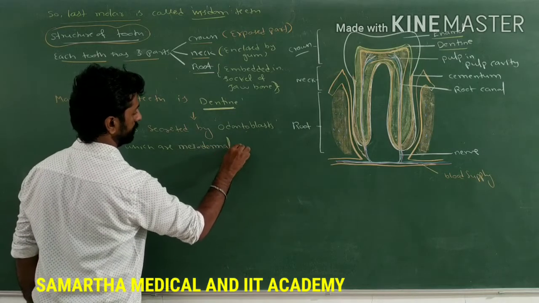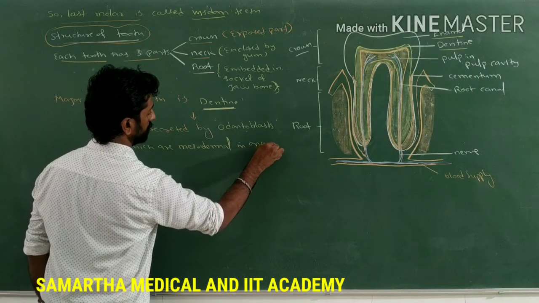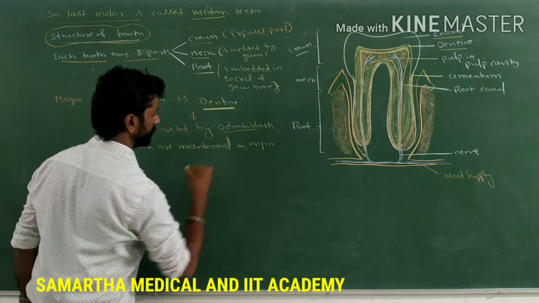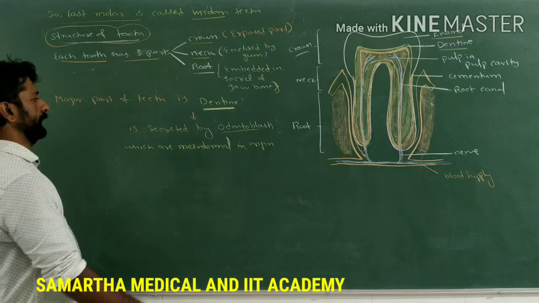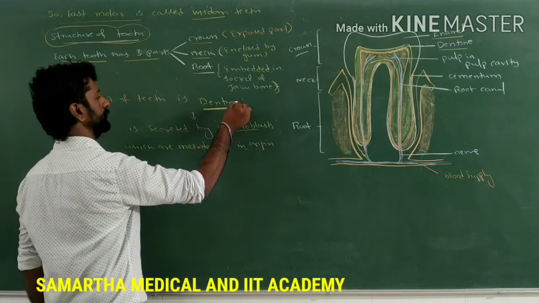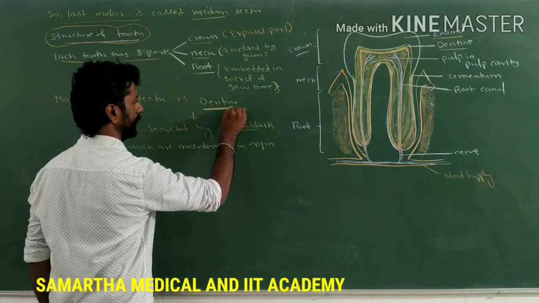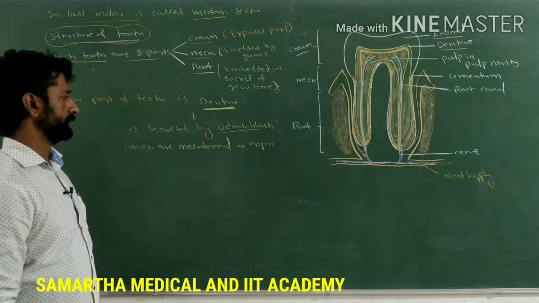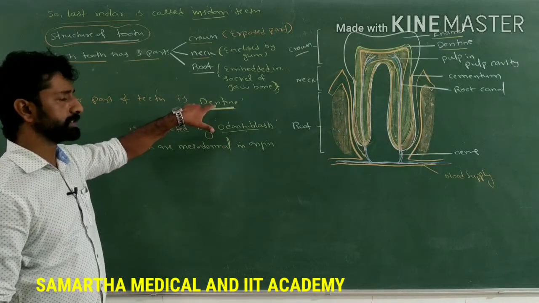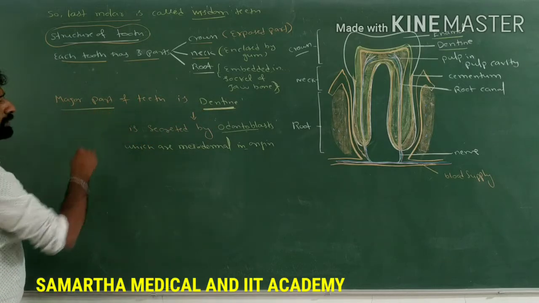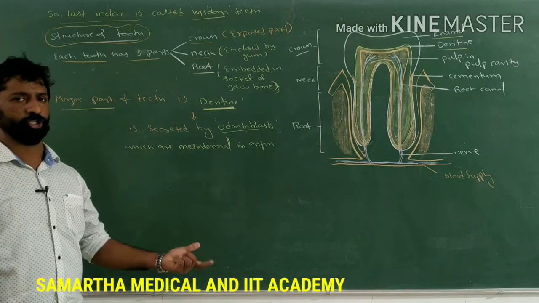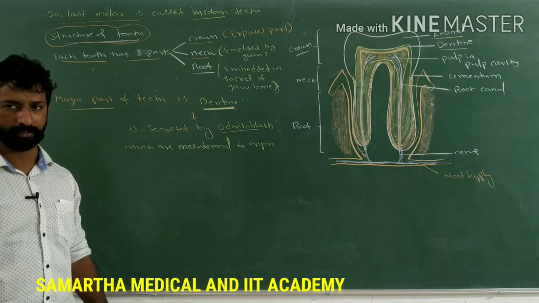These cells are mesodermal in origin. So odontoblasts are derived from the mesoderm of the germinal layers, and these cells secrete the substance called dentine, and then dentine forms the major part of each tooth in human beings.